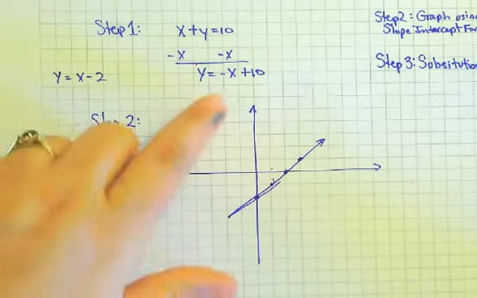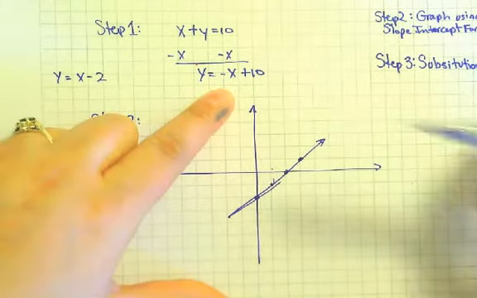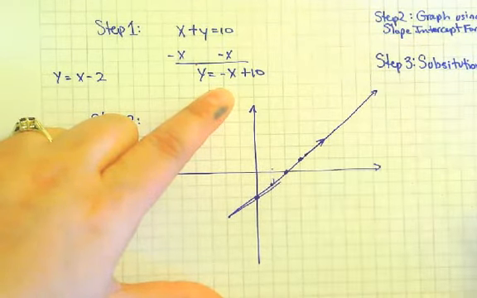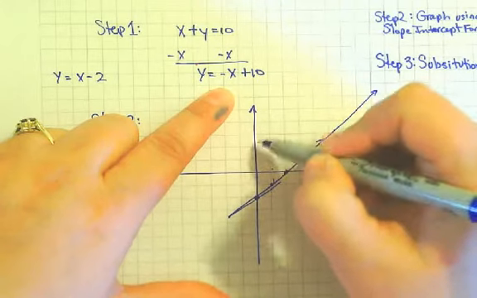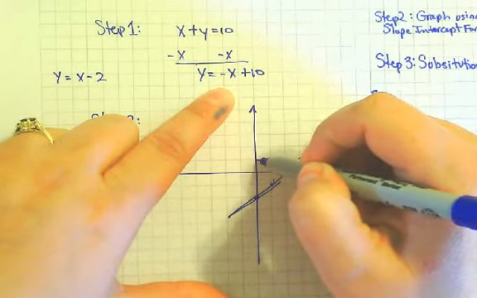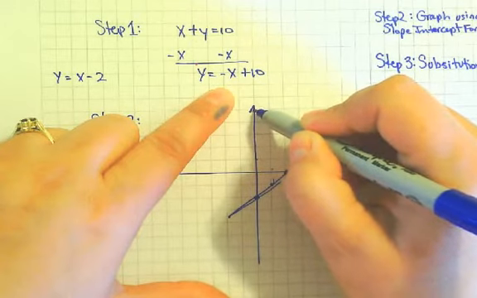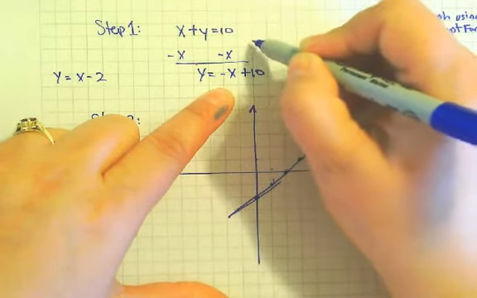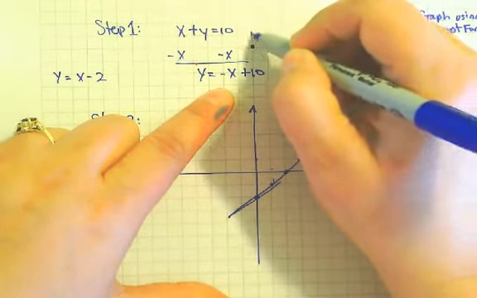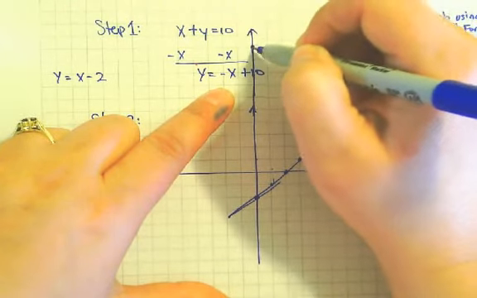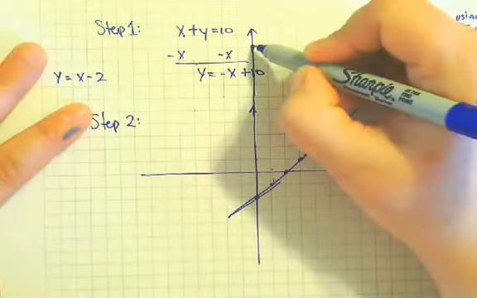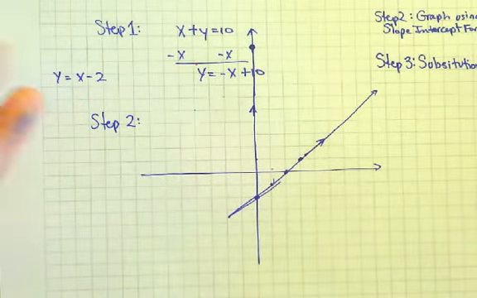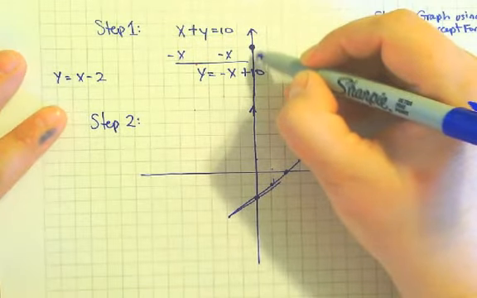Okay. Now the second one that we did, we're going to be at positive 10. So we may have to eventually extend that out. So we're going to be at positive 10, so that would be 1, 2, 3, 4, 5, 6, 7, 8, 9, 10. So here's where we should be. Go ahead and extend that. So we're at positive 10, and then it says negative 1x. So you're going to go down in the negative direction.